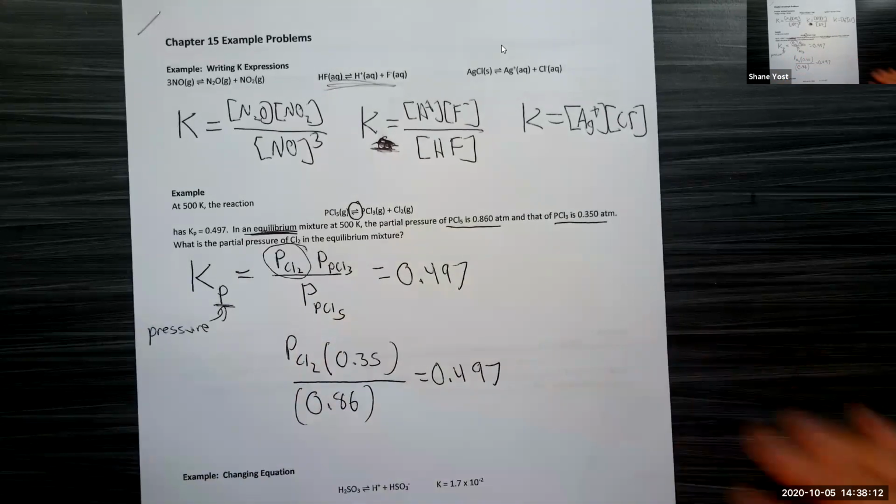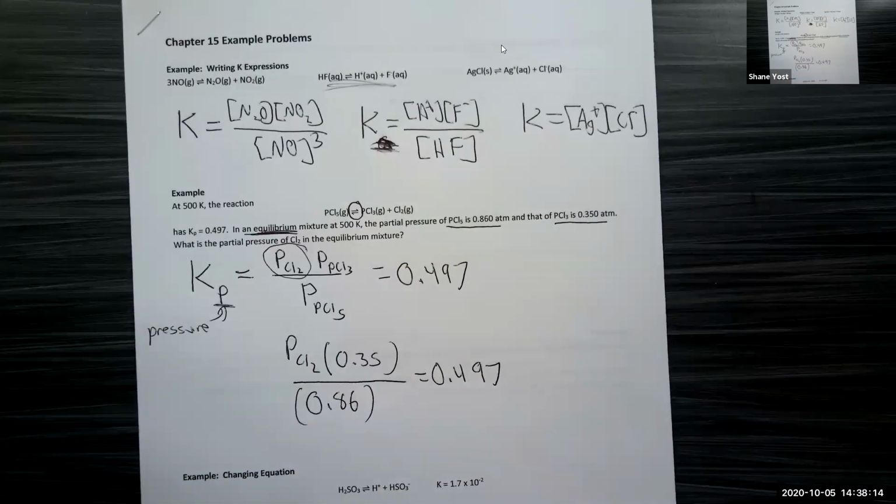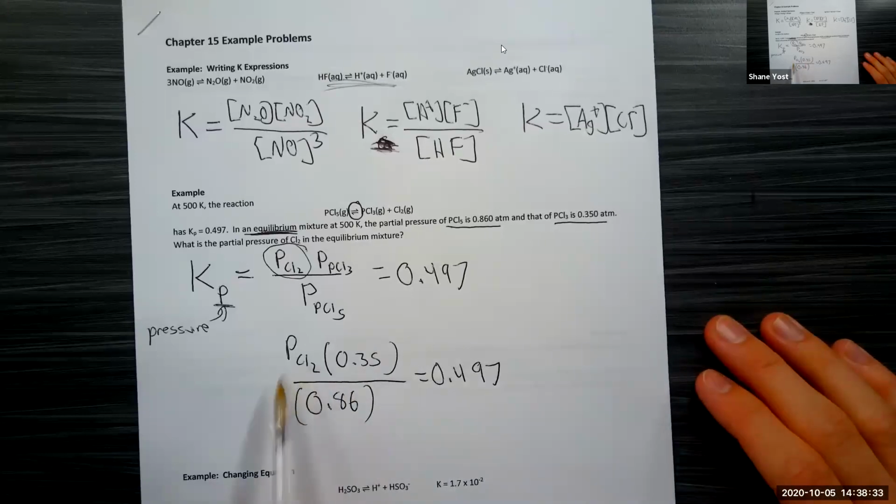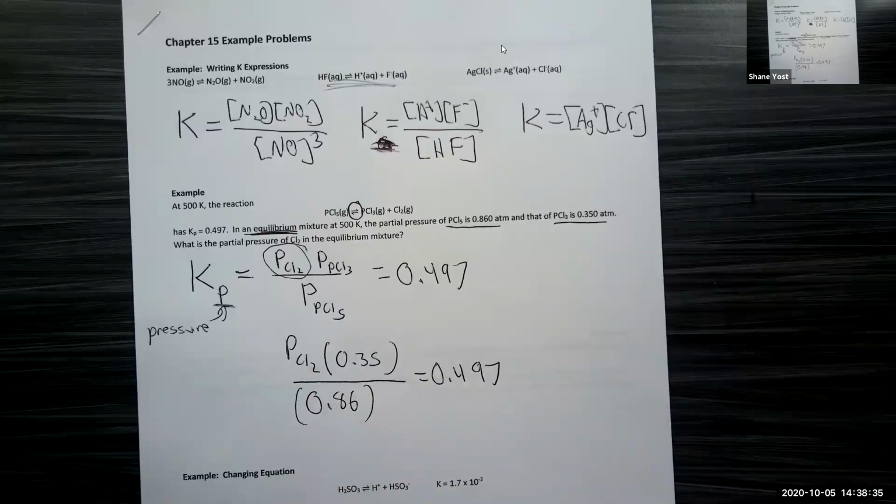Equilibrium constants, by the way, I haven't said this yet in class at least, are always unitless. Sorry, I said constant, but I meant unitless. They never have any units. Equilibrium constants are always equal to just some number. Now I know pressures are given in atmospheres and concentrations in molarities.